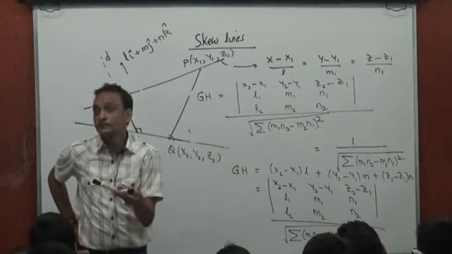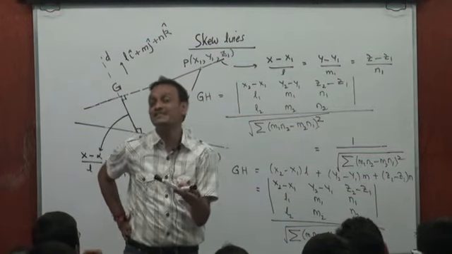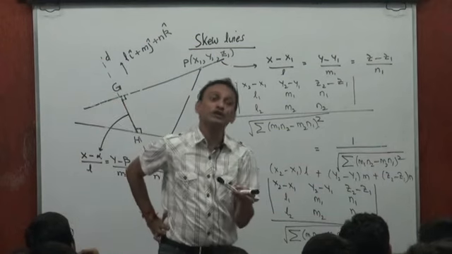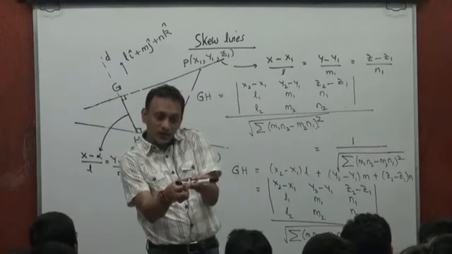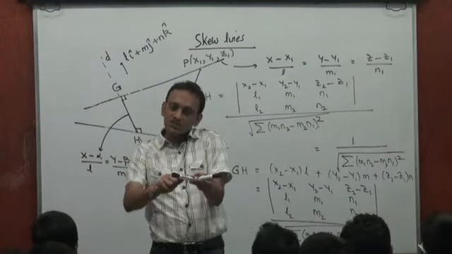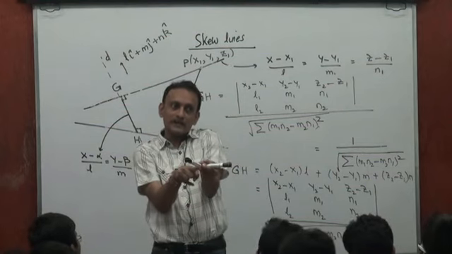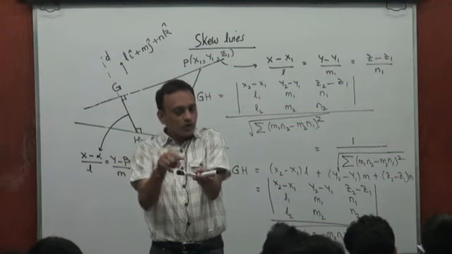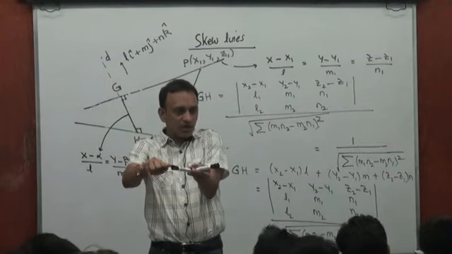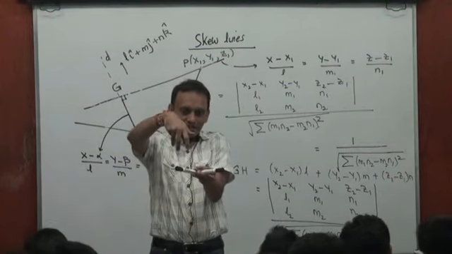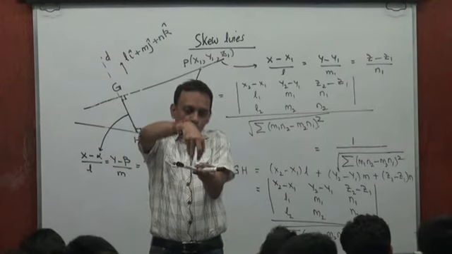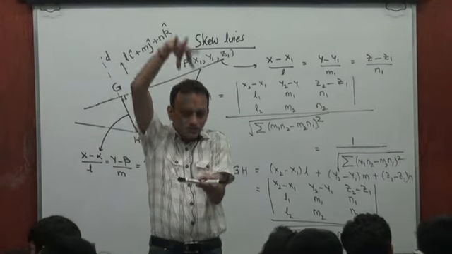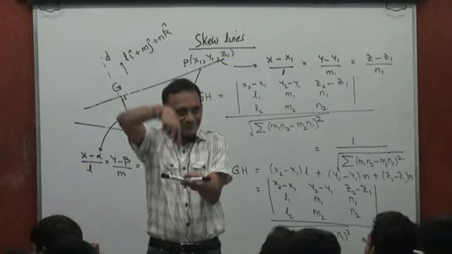For sure, if 2 lines intersect, they would be coplanar lines. They would be coplanar lines because these are two lines and they happen to intersect at a point. Which means what? If there is a vector b1 along this line and there is a vector b2 along this line, then a normal to the plane containing the two lines will be b1 cross b2.